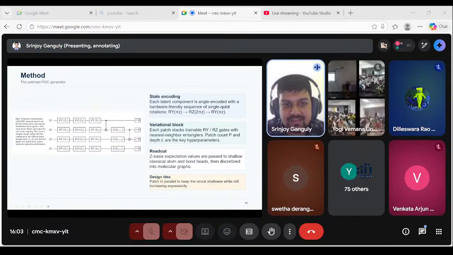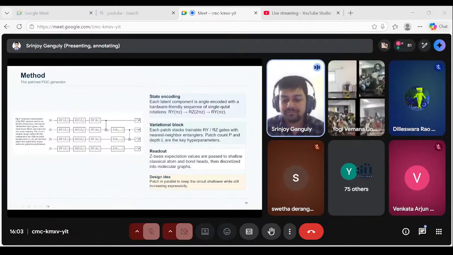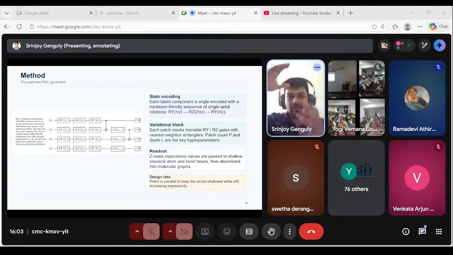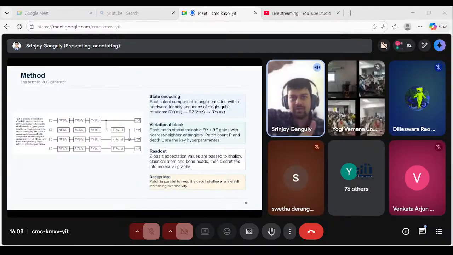But each can have a layer of ry applied, rz applied, then c naught applied. So you essentially have these patches, each of two qubits. You can call it the breadth of the circuit, because it increases with the number of qubits: two qubits, two qubits, two qubits.